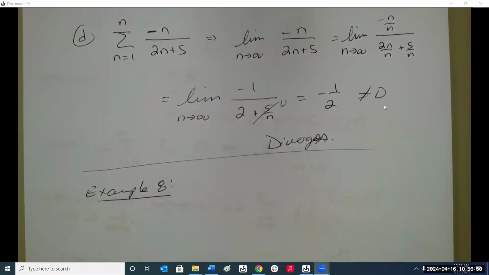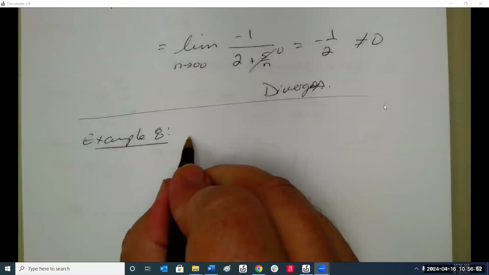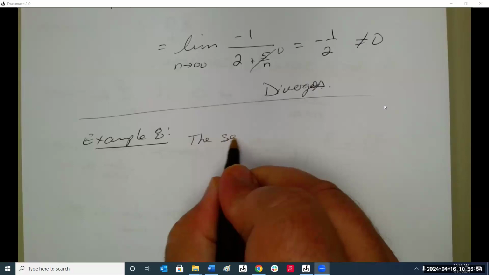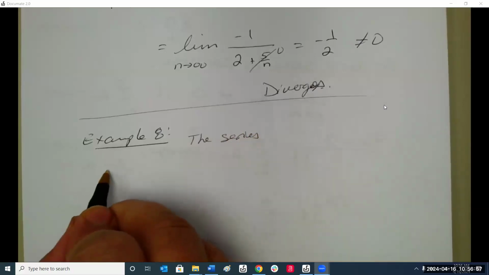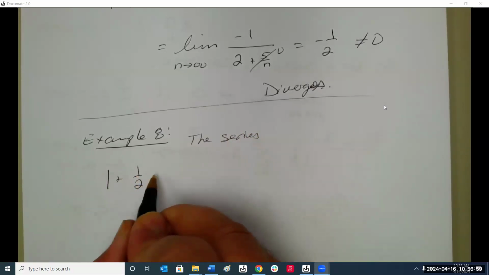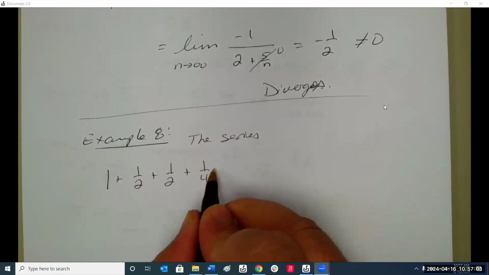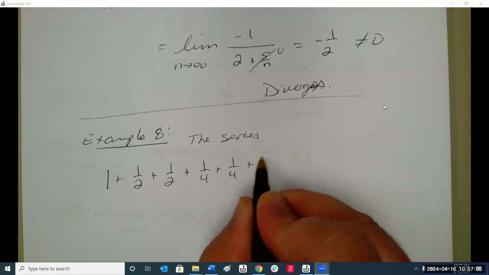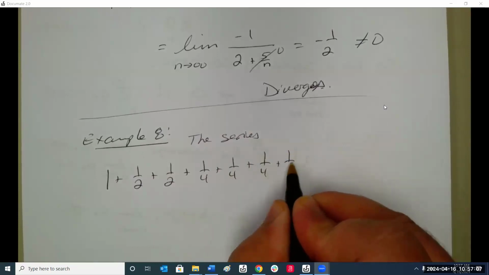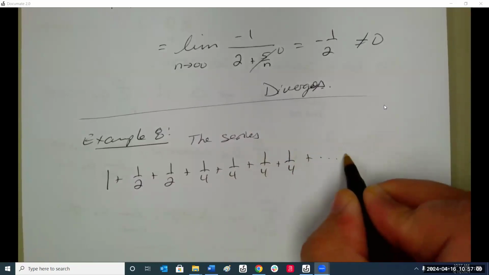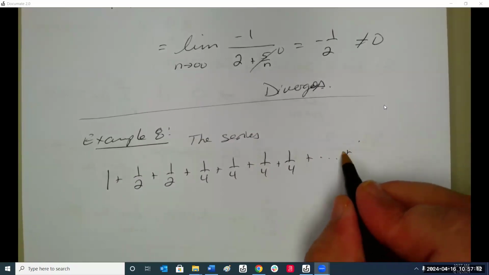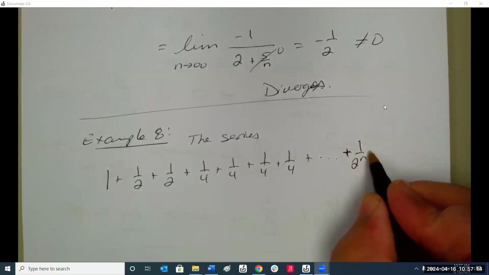Example 8. The series 1 plus 1/2 plus 1/2 plus 1/4 plus 1/4 plus 1/4 plus 1/4, and so on, 2^n terms of 1 over 2^n.